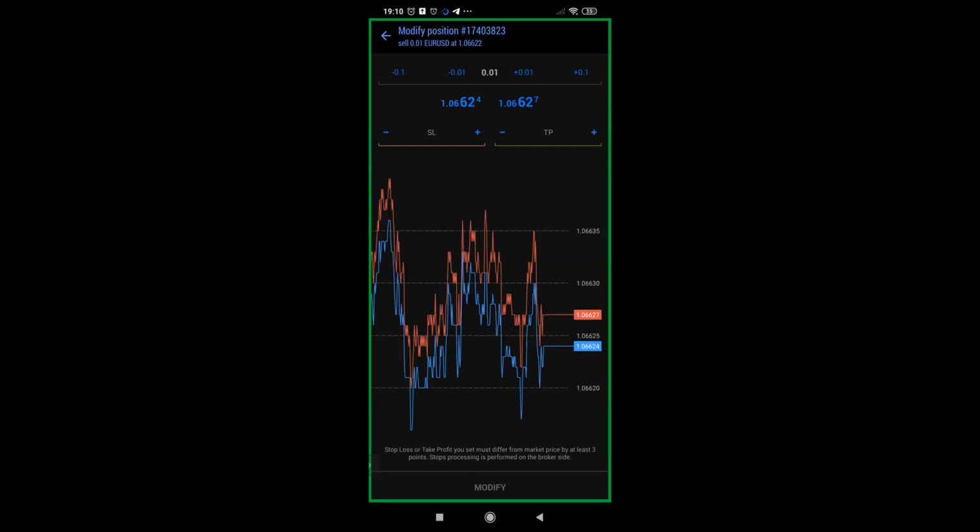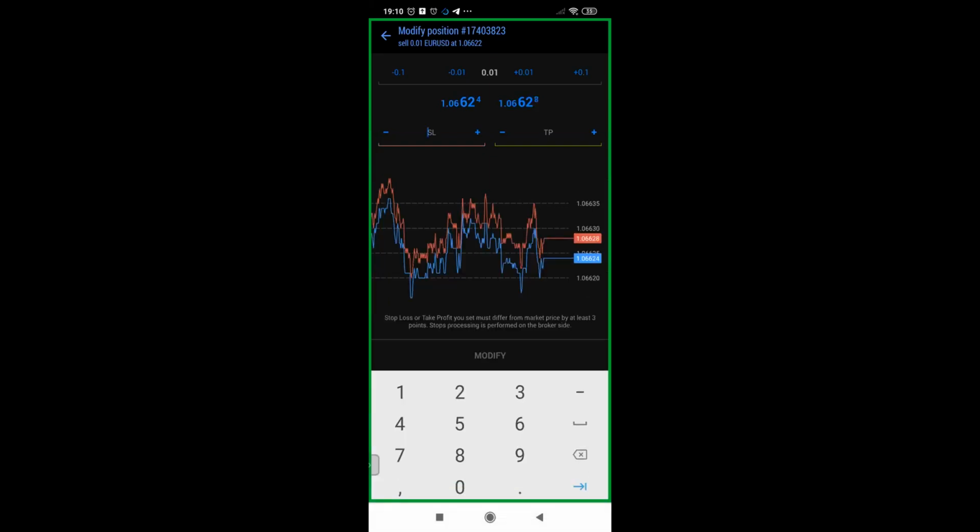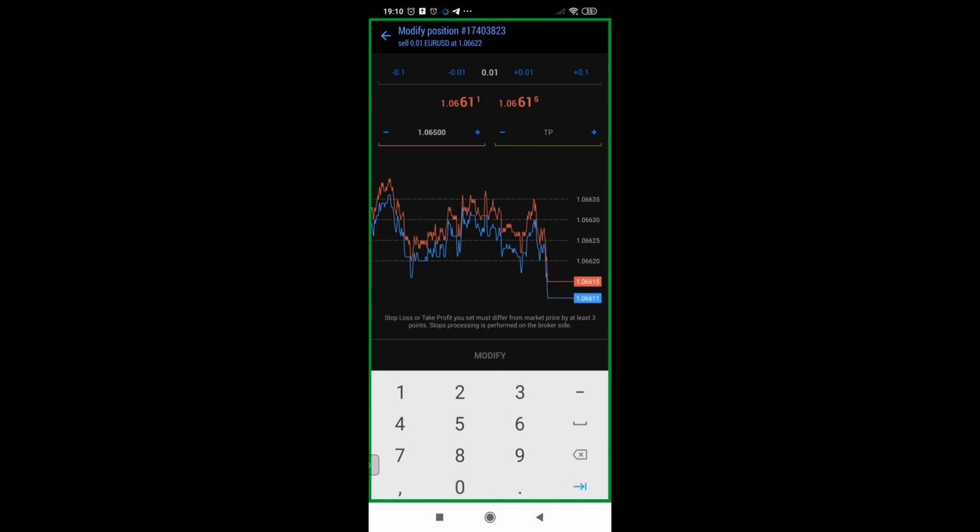You can see the option to put in a new stop loss. This is a sell order, so your stop loss can be above.